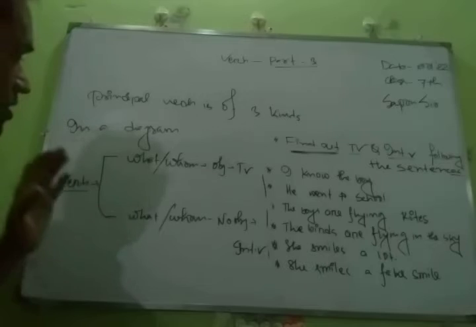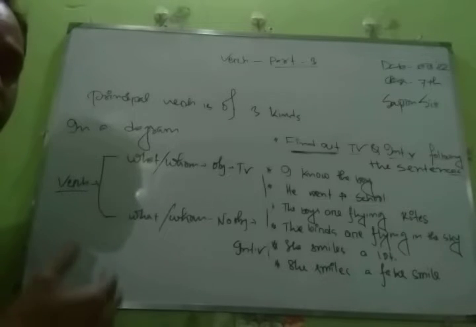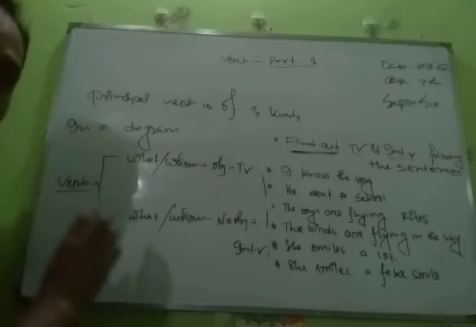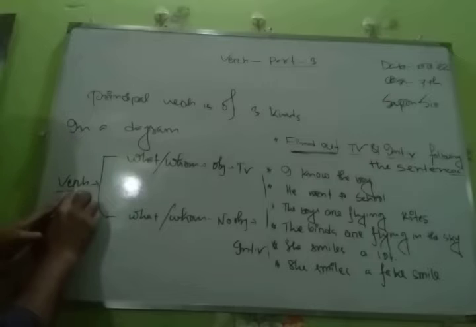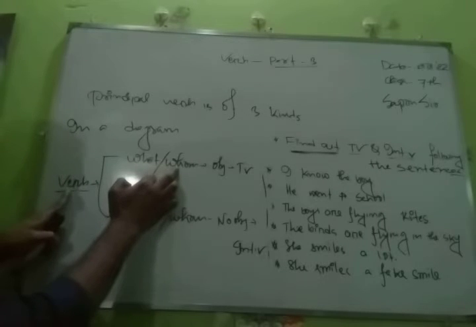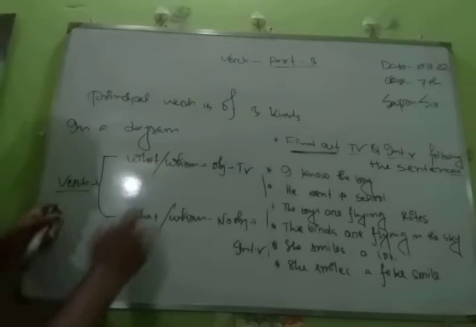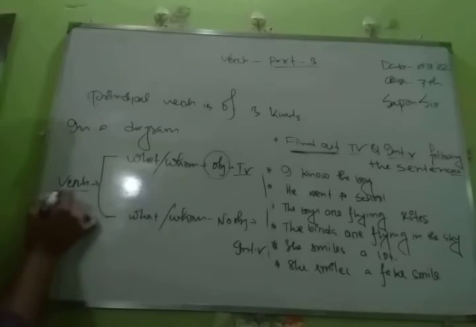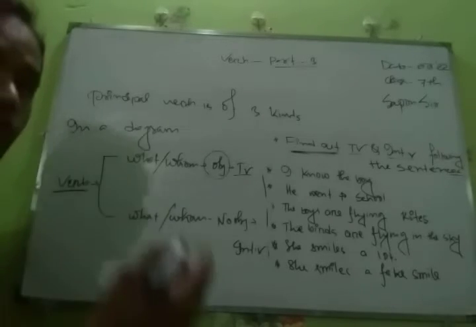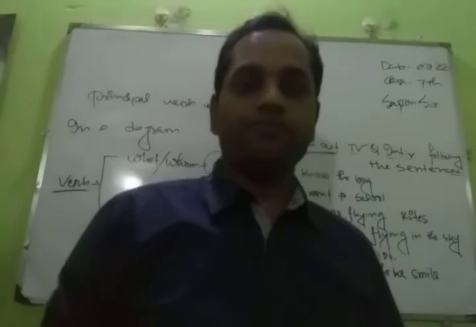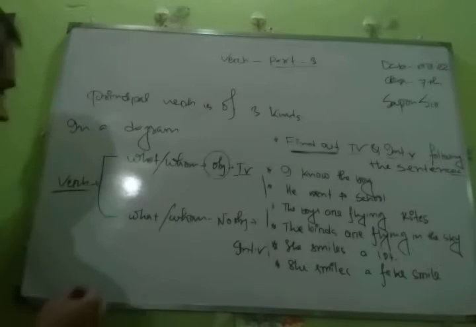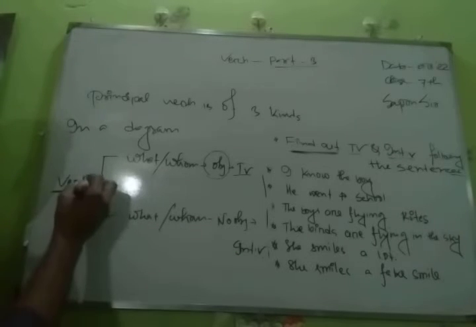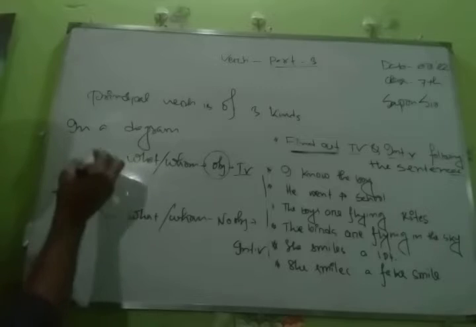We have to find out the transitive and intransitive verb from the sentence. Follow this diagram. If we ask the verb with what or whom, the object we get, that verb is called the transitive verb. Same verb will be transitive or intransitive. Listen to me carefully.